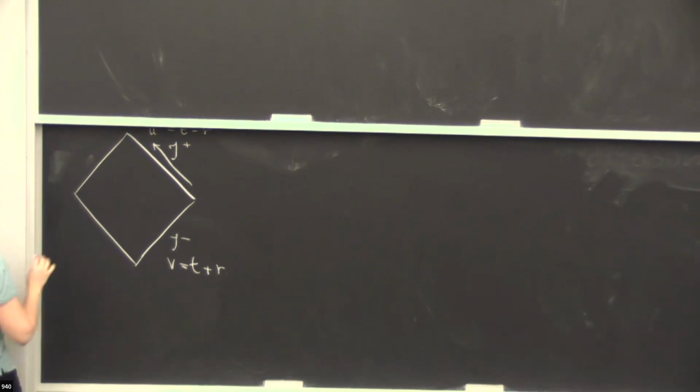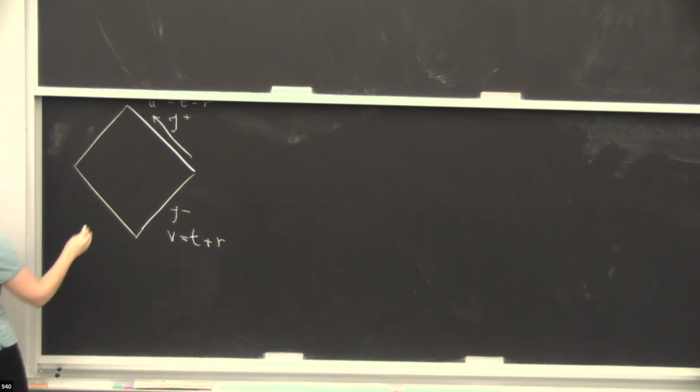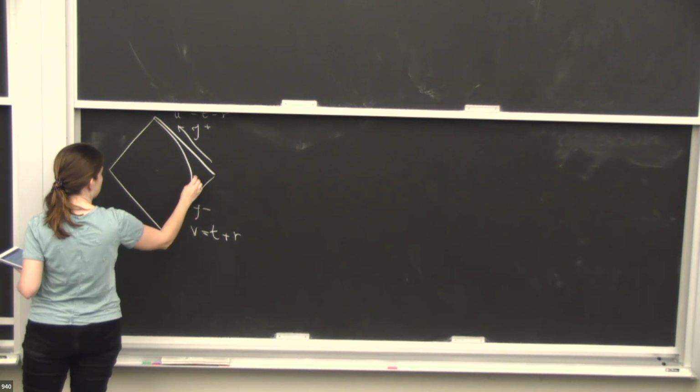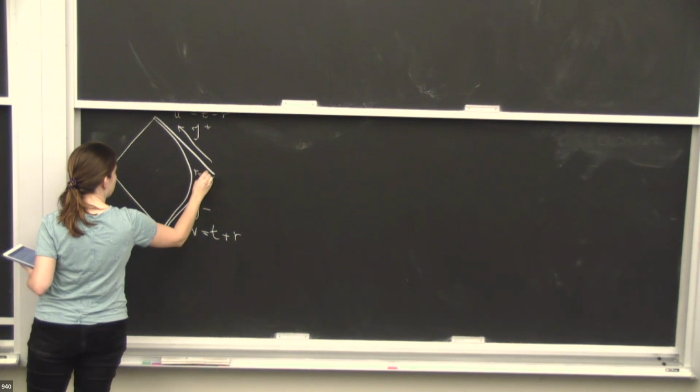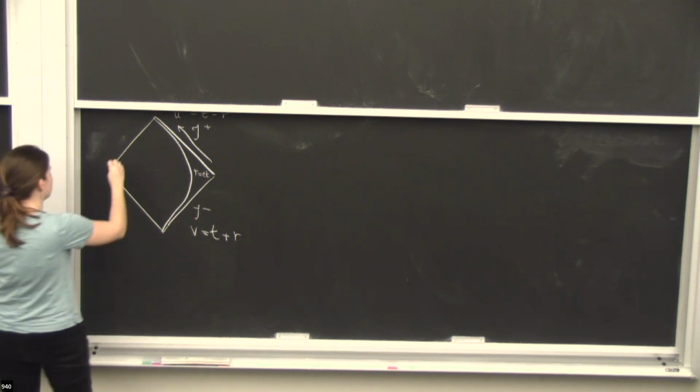And in this diagram, the boundary of this diamond lies at infinite radius away from the center. So lines of constant radius will look something like this. And so on the boundary, r tends to infinity.